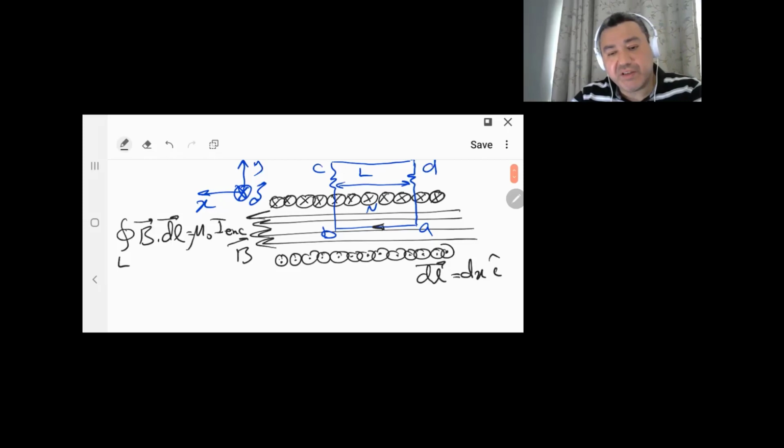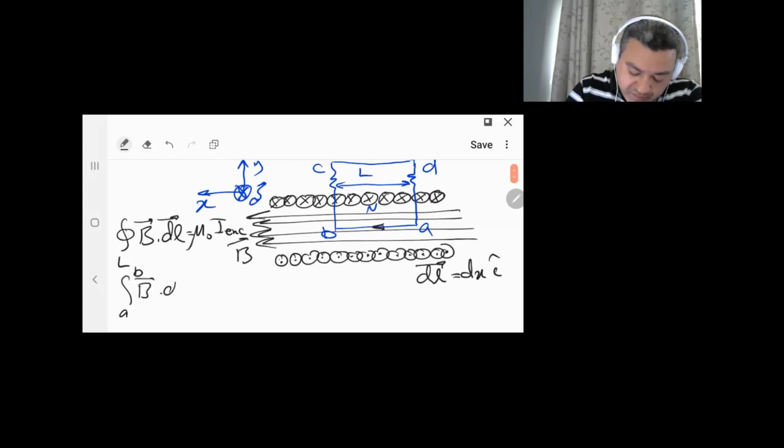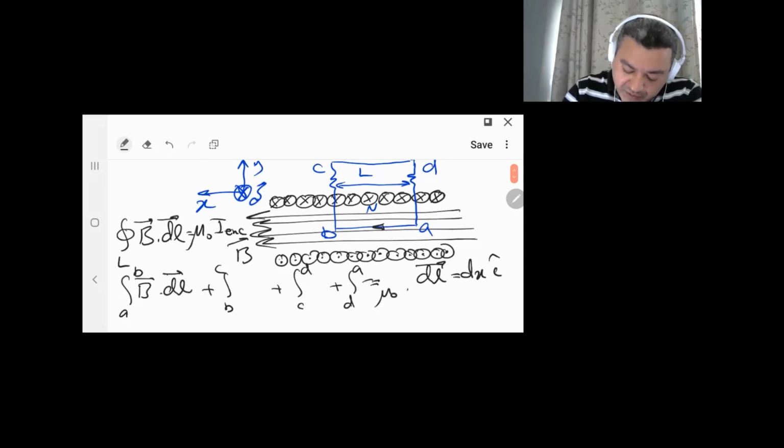I will discretize it into 4 integrations. So it will be A to B dl plus B to C plus C to D plus D to A equal to mu naught I enclosed.